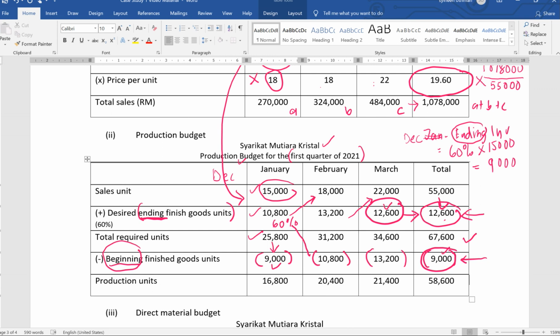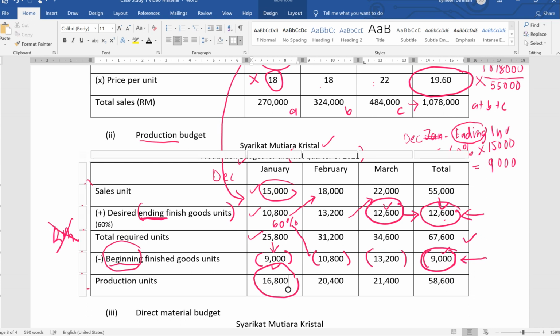Minus 9,000, Madam akan dapat 16,800 unit. Okay, so this is in unit sebab kalau you nampak dekat sini item dia tak ada apa-apa pun yang mendarabkan unit tersebut dengan RM, tak ada. Okay, so production budget memang jawapan dalam unit.